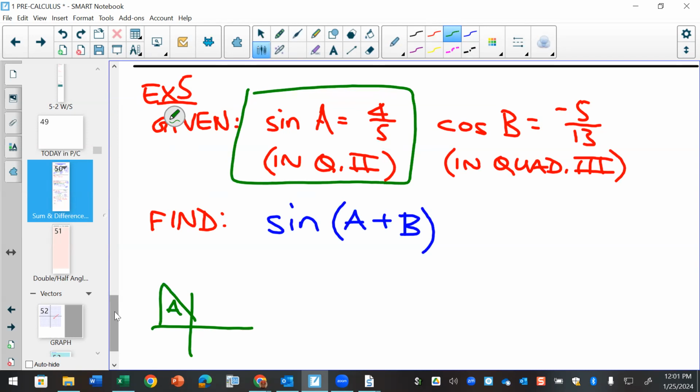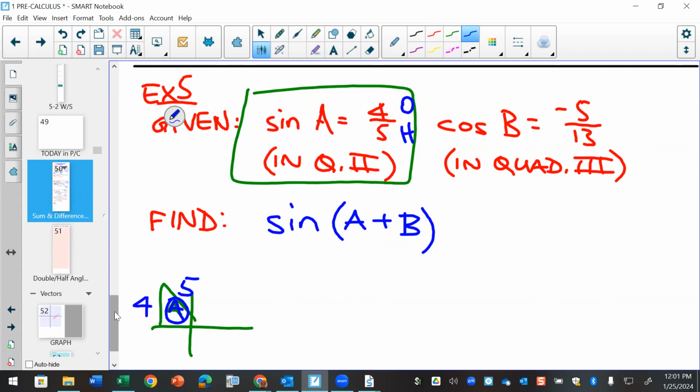I gave you sine. So make the opposite 4 and the hypotenuse 5. Okay, anybody know the triples?